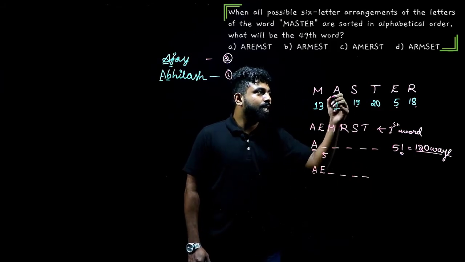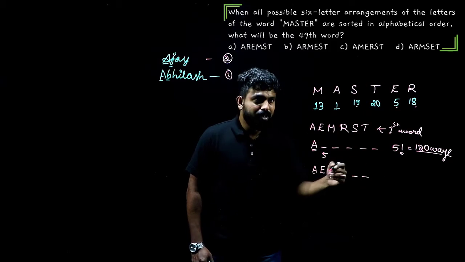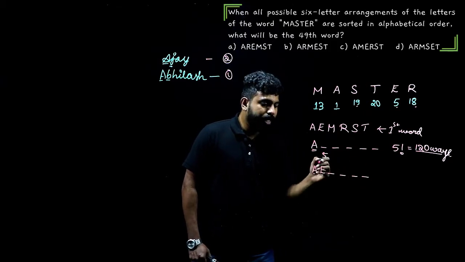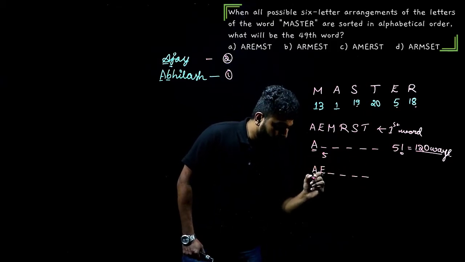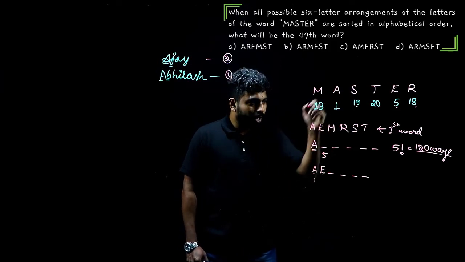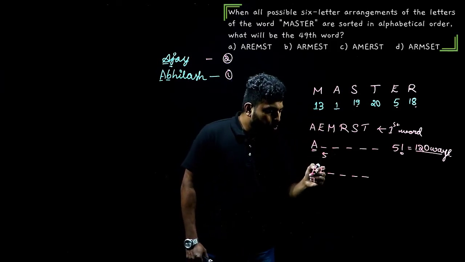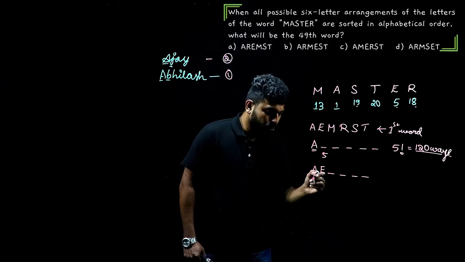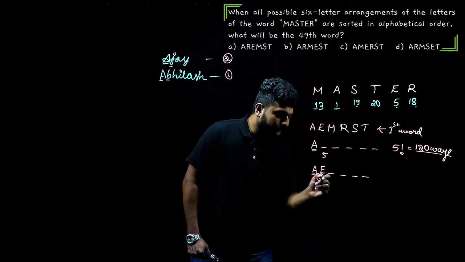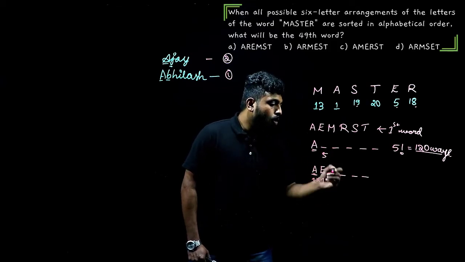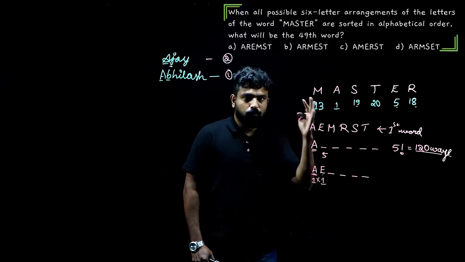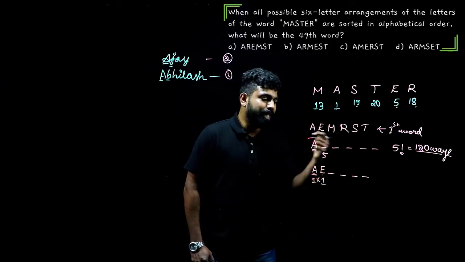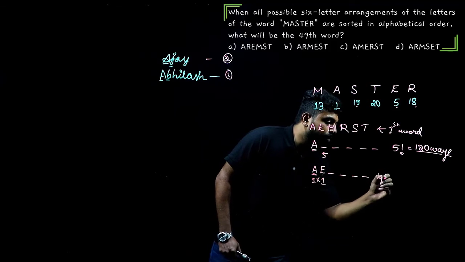And how many letters are available to be filled in these 4 free spaces? A and E are already used up. A can be filled in the first spot in only one way because there is only one A. What about E? Again, E is also only one way. What about the other 4 places? There are 4 letters and 4 blank spaces which can be arranged in 4 factorial ways.